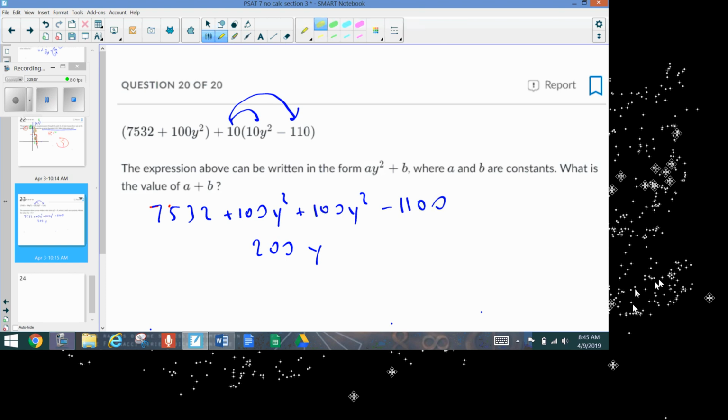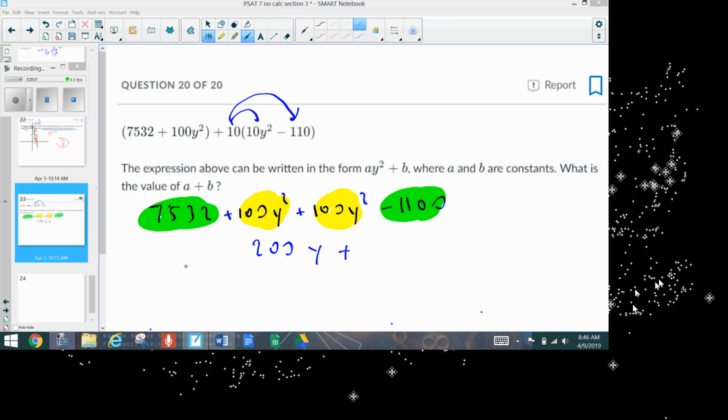These are like terms, and the numbers are like terms. So add that too. So 200 y squared plus 7, 5, subtract 7, 6. Thank you. So that's like 5 minus 1, 4, 6, then double 0 here.